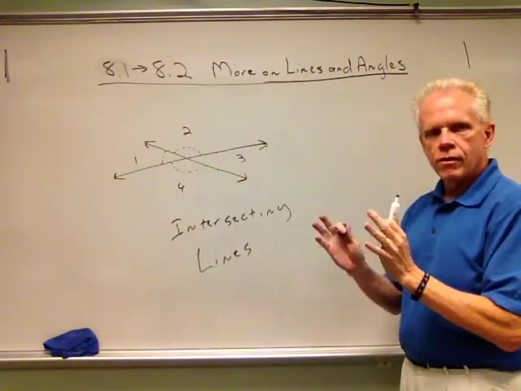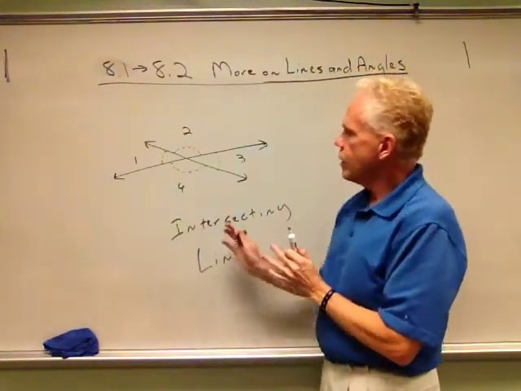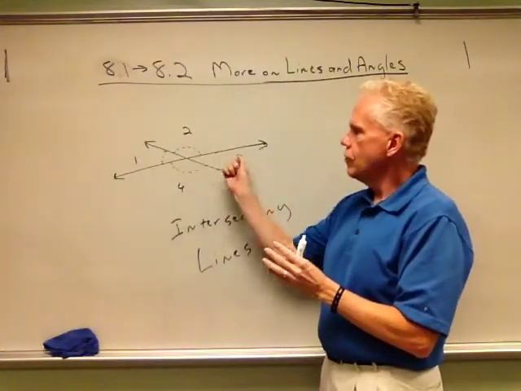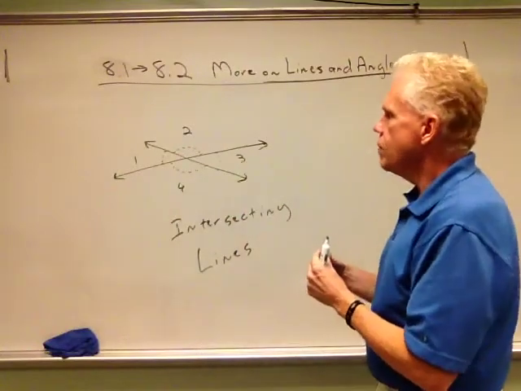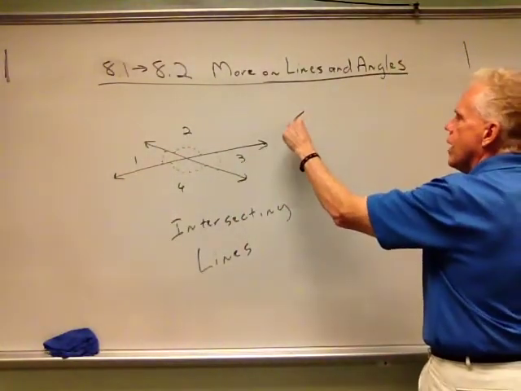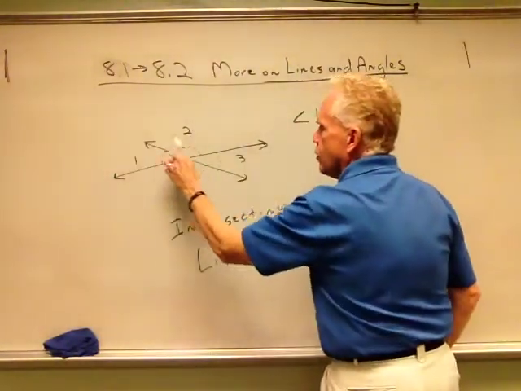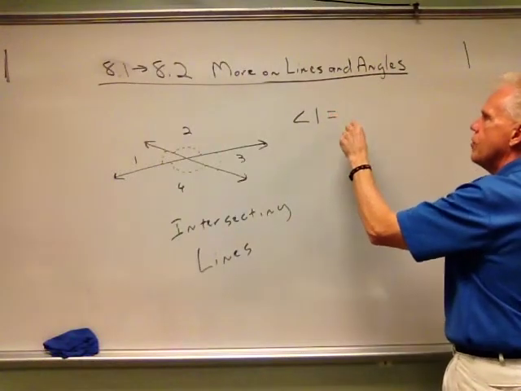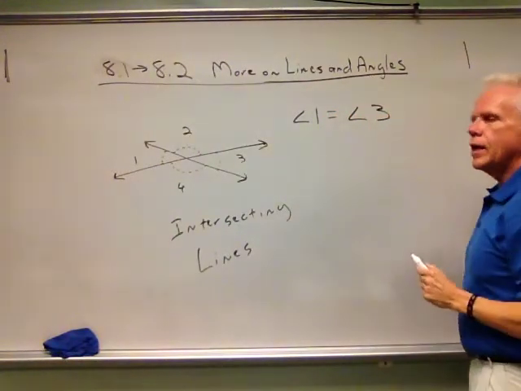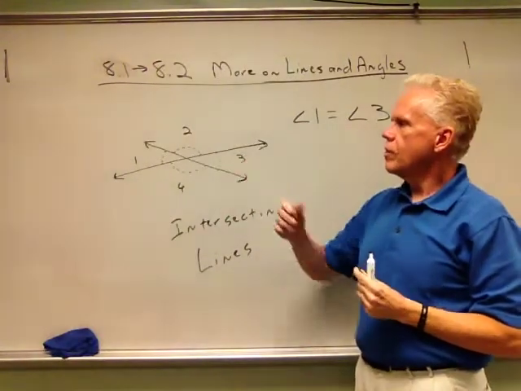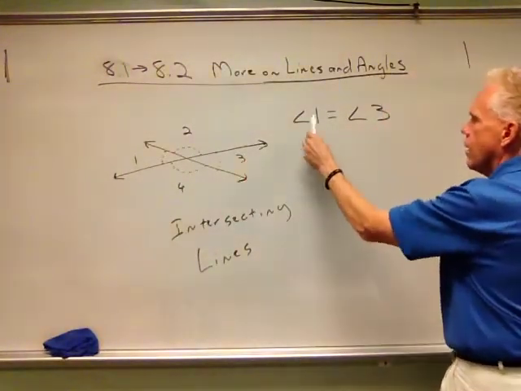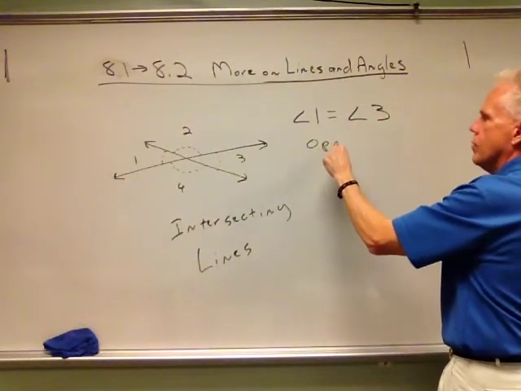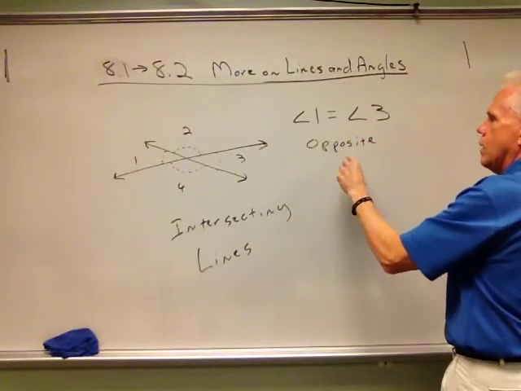So the thing I want to get across here is these intersecting lines cross and form these angles, 1, 2, 3, 4, and a couple of things I want to say about these angles. Angle 1 is opposite to angle 3. And opposite angles are equal to one another in terms of their measurement. Angle 1 equals angle 3. These are opposite angles.